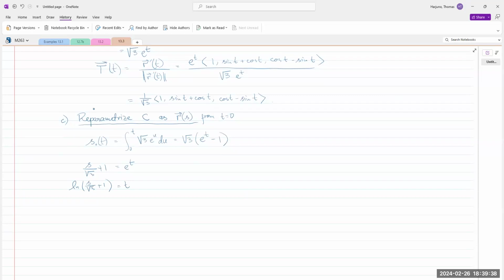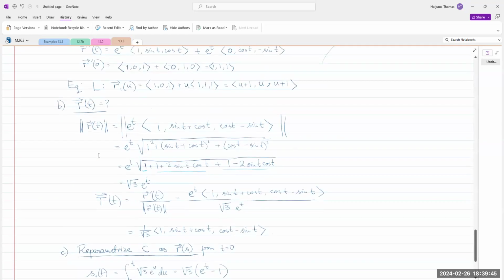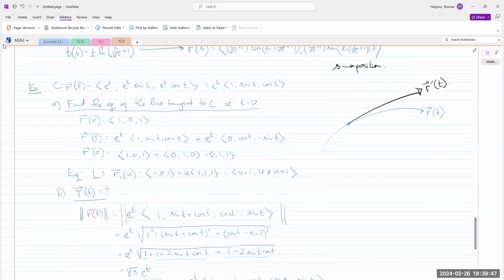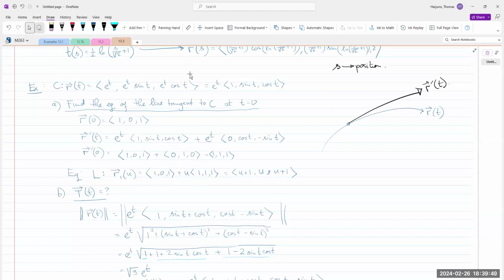Now I put it back to r. R(t) is, if we look back, what is that again? Let me copy paste this thing. R(t) is this, right?